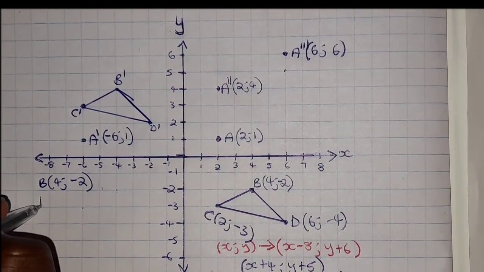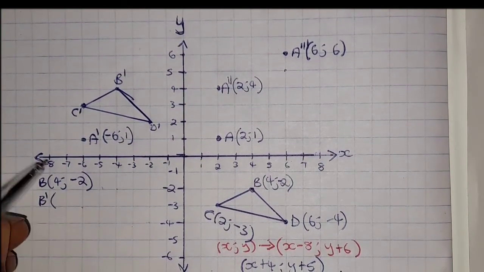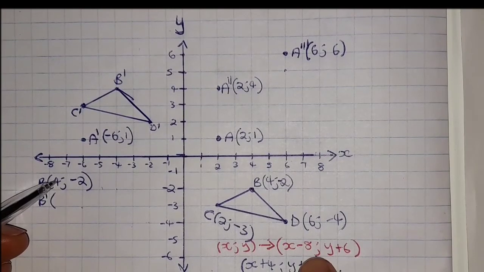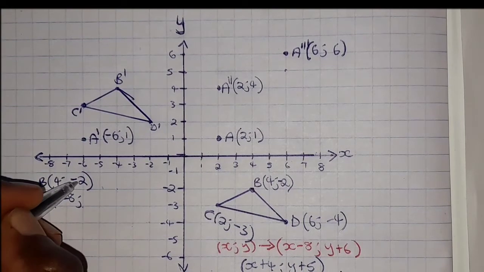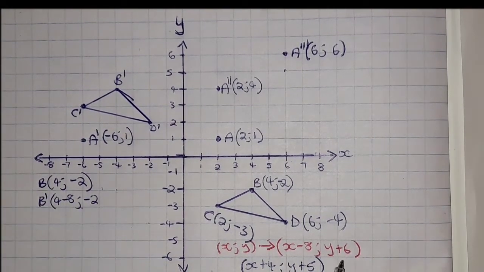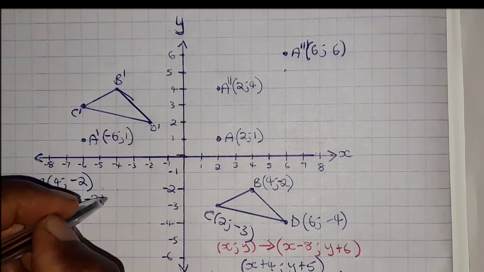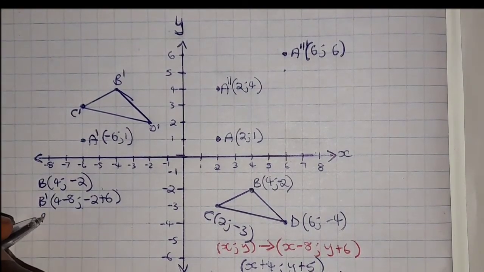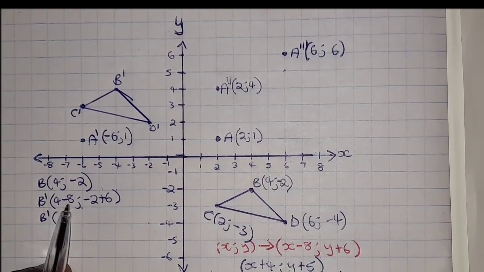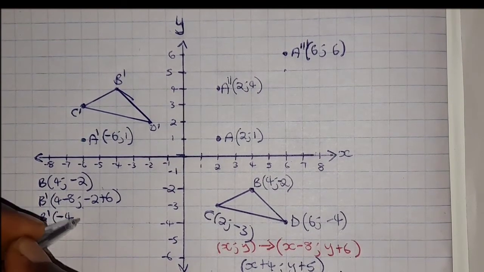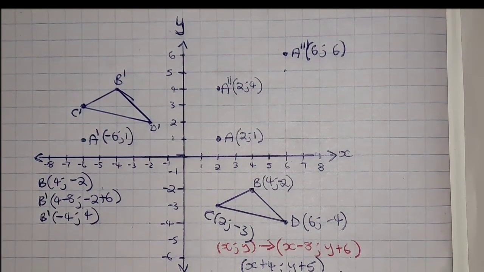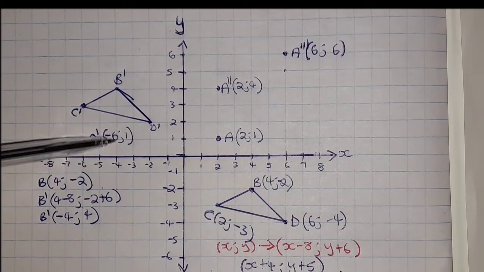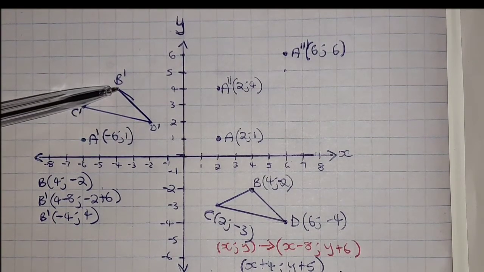So it's a matter of saying the image then it's 4 minus 8, negative 2 plus 6. So it means the coordinates of B is 4 minus 8 is negative 4, negative 2 plus 6 is positive 4. So you see our B is negative 4, 4.